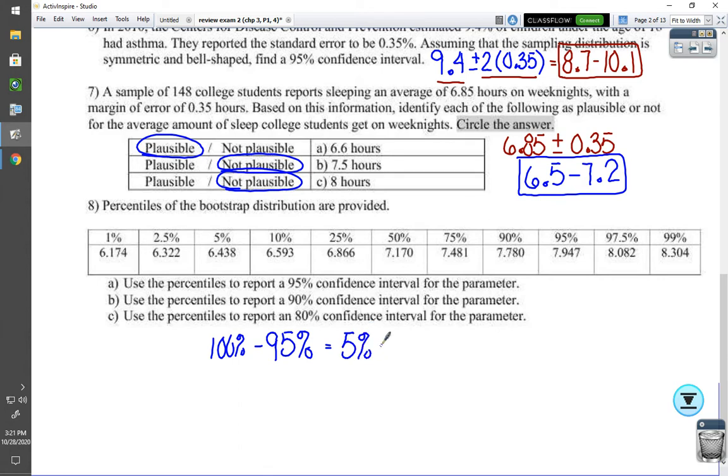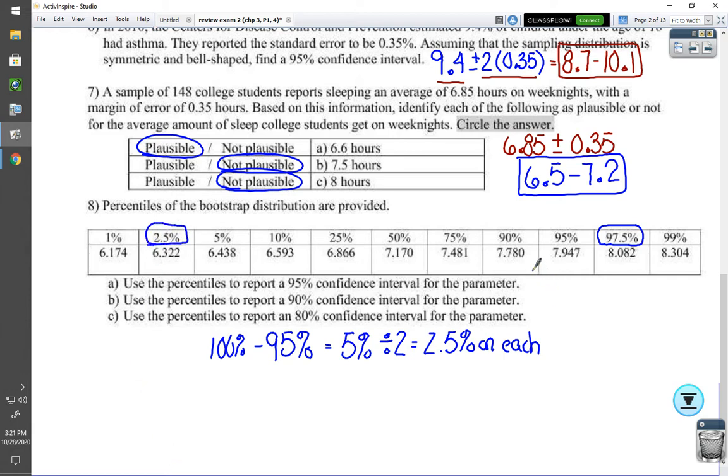But remember, 5% has to be divided by 2 because of each tail, leaving 2.5% on each tail. So we come in from the ends 2.5%. 2.5% puts me at 97.5 and 2.5.